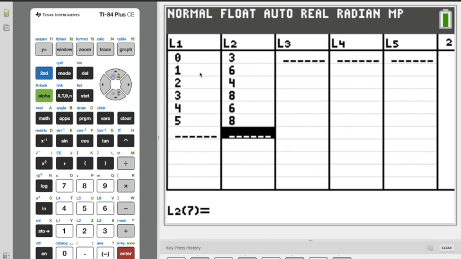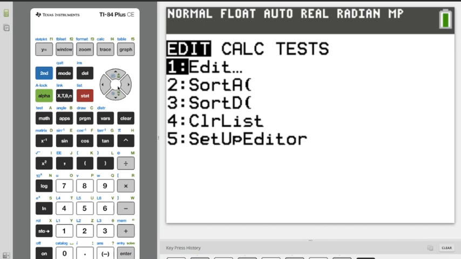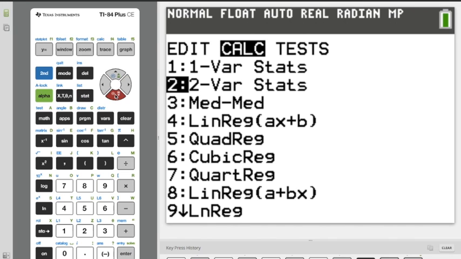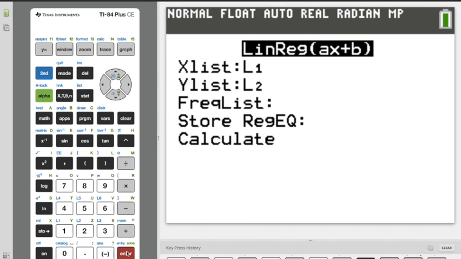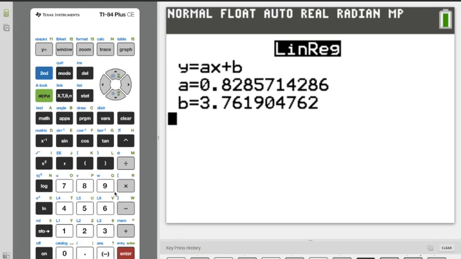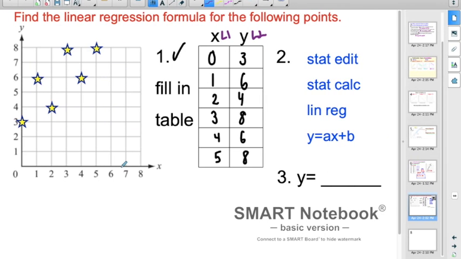Make sure you have the same number of numbers in each list. And then we hit Stat, Calc. Go down to LinReg and Calculate. Okay, so this is our new linear regression, our new line of best fit.